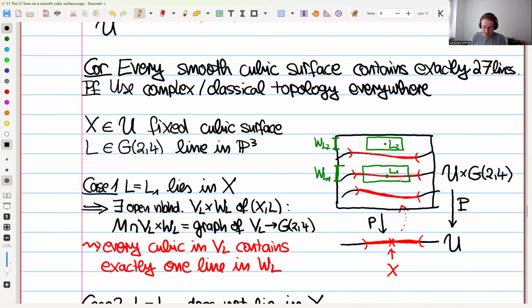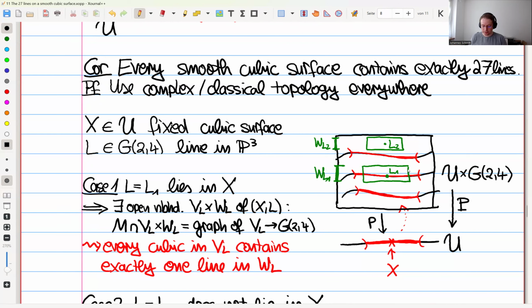And so in particular, what we see is that if we are in this neighborhood V_L of X, and we only look at lines in W_L, so this means we look at things inside this product, then every cubic in V_L contains exactly one line contained in this W_L.